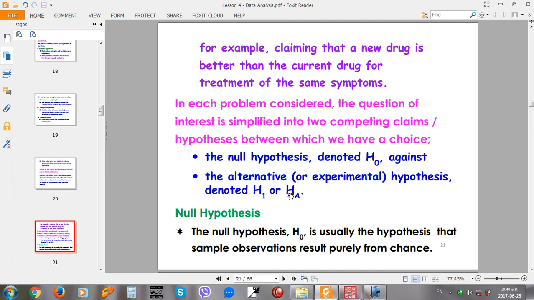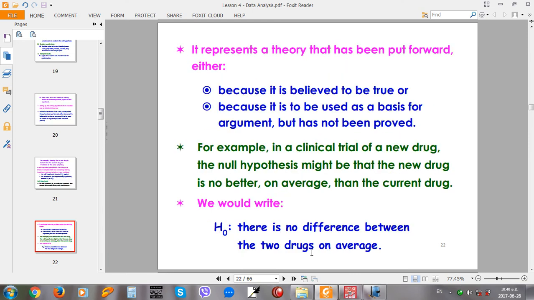We can use either notation, H1 or HA, for the alternative hypothesis. The null hypothesis H naught is usually the hypothesis that some observed result arises purely from chance. It represents a theory that has been put forward because it is believed to be true, or because it is to be used as a basis for the argument, but has not been proved. I explained that earlier.